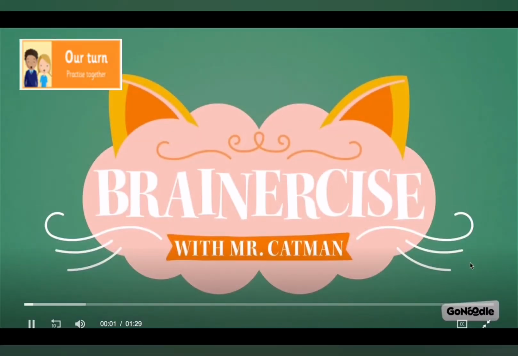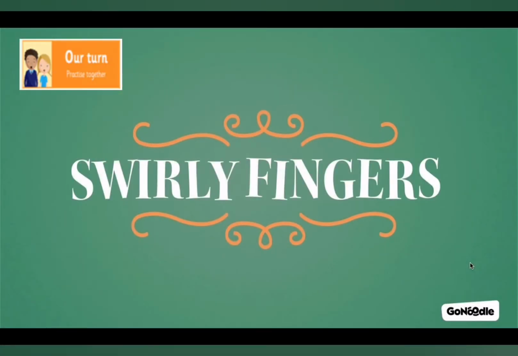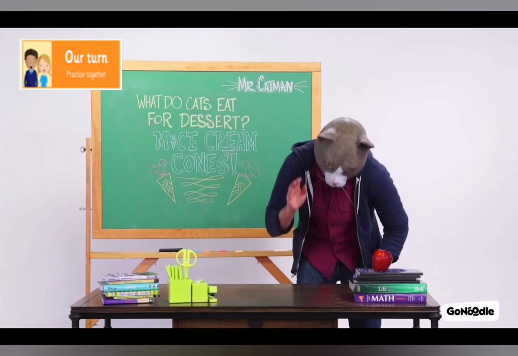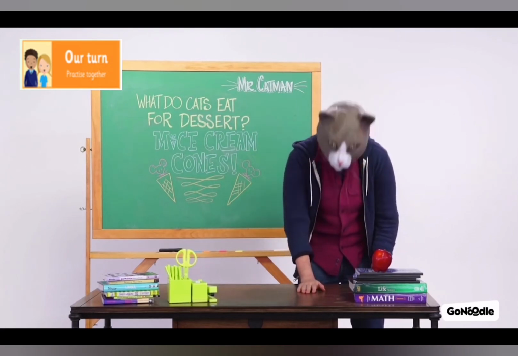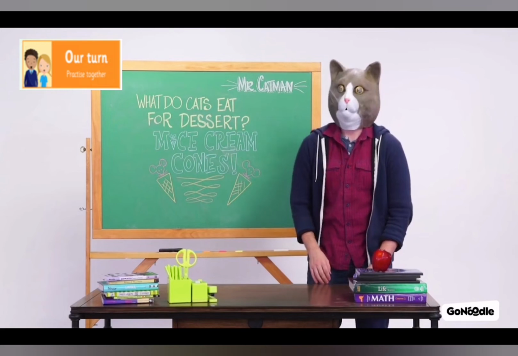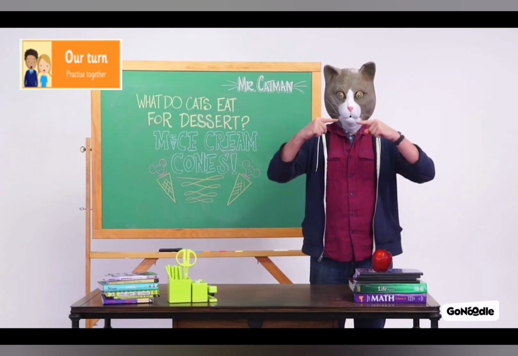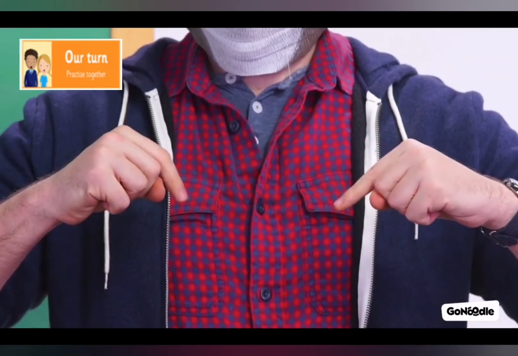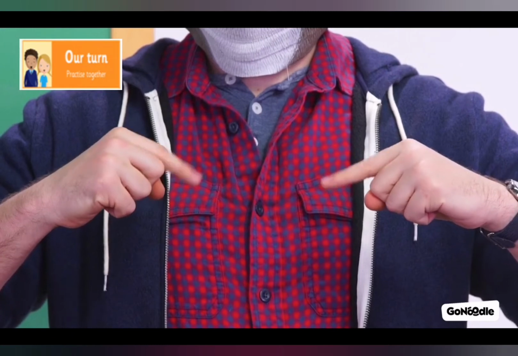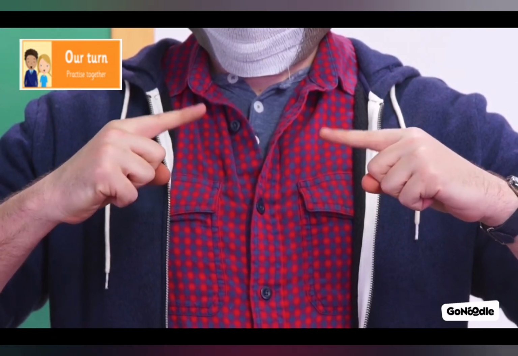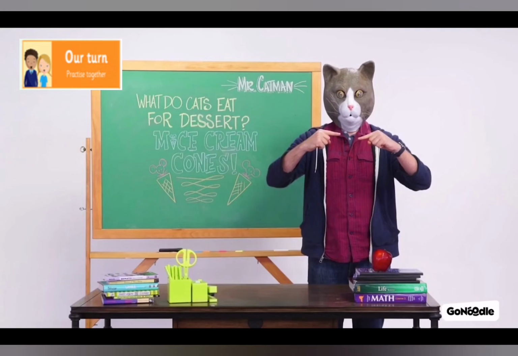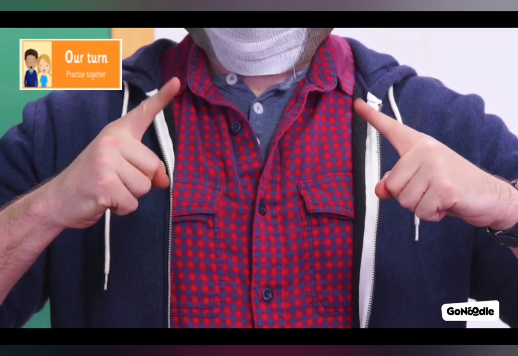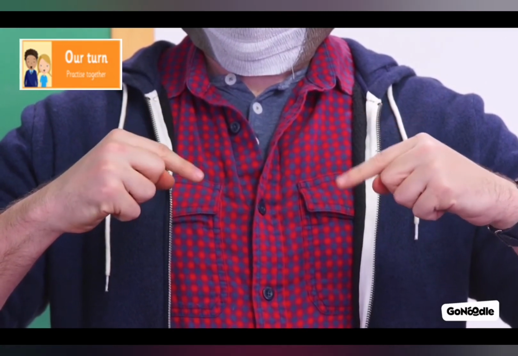Brain exercise with Mr. Catman. Swirly Fingers. Meow. Mr. Catman is hysterically laughing. Perhaps he read the joke on the board. Put both of your index fingers pointing towards each other like Mr. Catman. Turn both index fingers clockwise. Pause. Turn both index fingers counterclockwise. Pause.